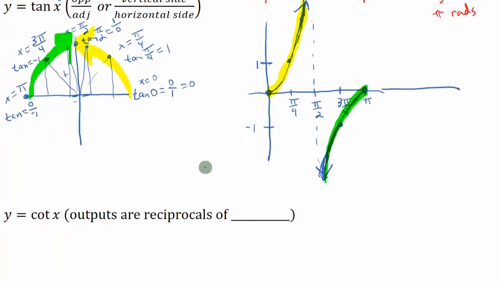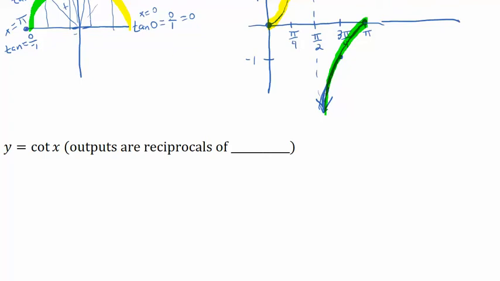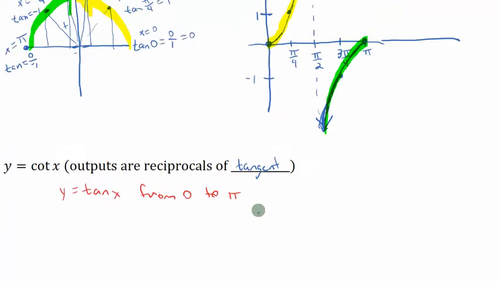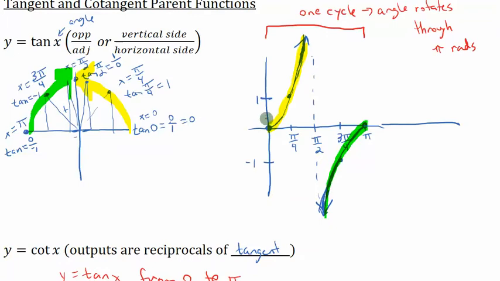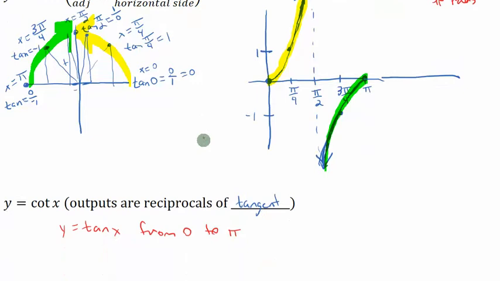Now let's go look at the cotangent function. And the good news is we don't have to do the same analysis because cotangent is the reciprocal of tangent. So what we'll do is we'll graph y equals tangent of x from 0 to pi, and we can look at the reciprocals to graph the cotangent. So tangent starts and ends at 0, has an asymptote in the middle, goes up first, goes down second, okay?